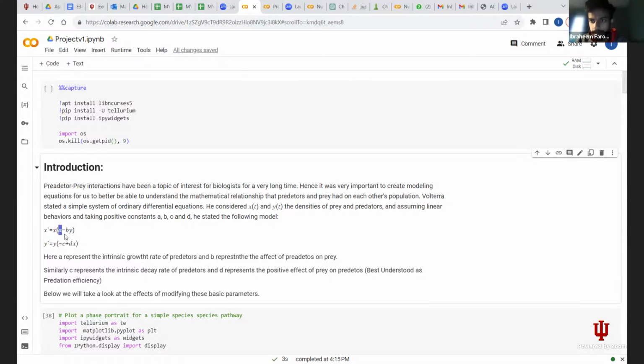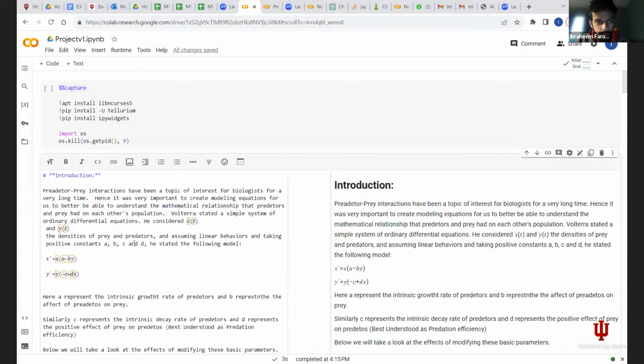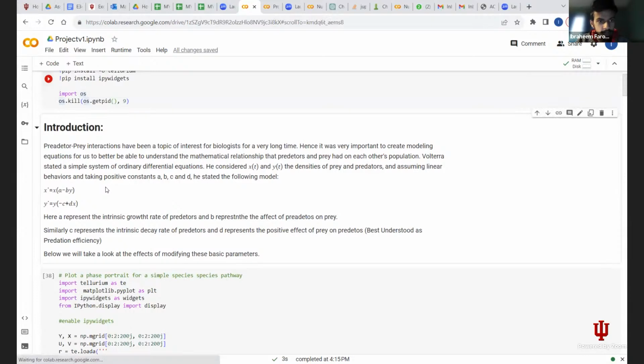with a being just the intrinsic growth rate of the prey population, and then b being the negative relationship that predators have on prey, and then c is the intrinsic decay rate of the predators population, and then d is the positive effect that prey have on predators, and this is best understood as the predation efficiency.